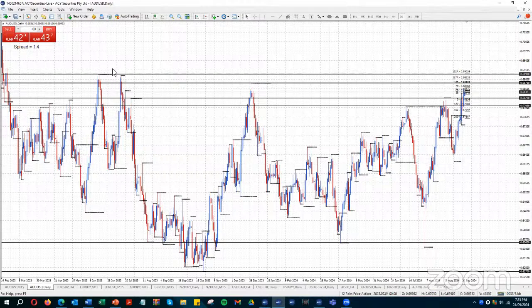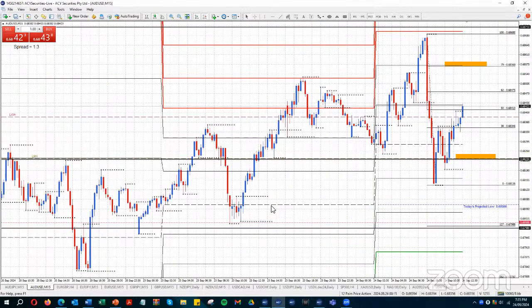When we get extremes, expect price to struggle at the extremes and move back down. It'd be interesting to see if we can get up to the 69 area tomorrow. That would be a good area for a short.